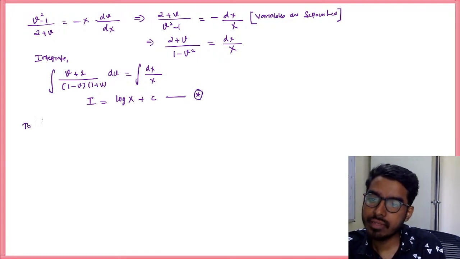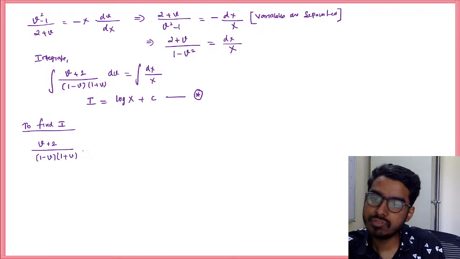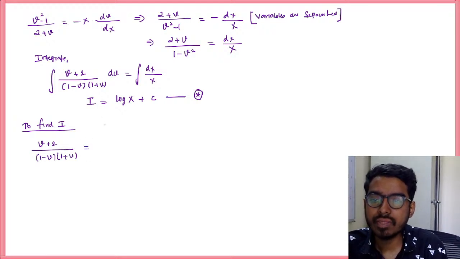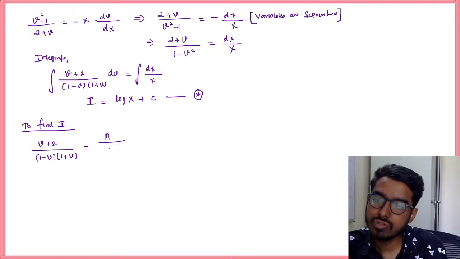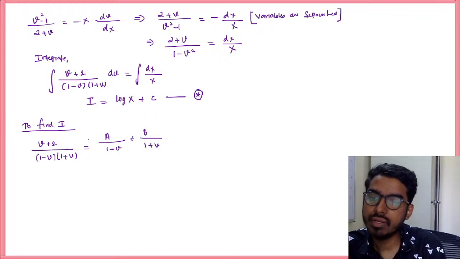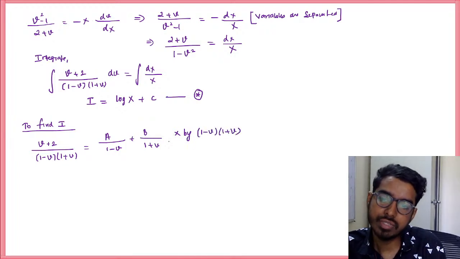So to find I, V plus 2 divided by 1 minus V, 1 plus V is a proper rational function. The degree of the numerator is 1 and the degree of the denominator is 2. Therefore, I can do partial fractions: A by 1 minus V plus B by 1 plus V. Now find the values of A and B. Multiply by 1 minus V, 1 plus V throughout.